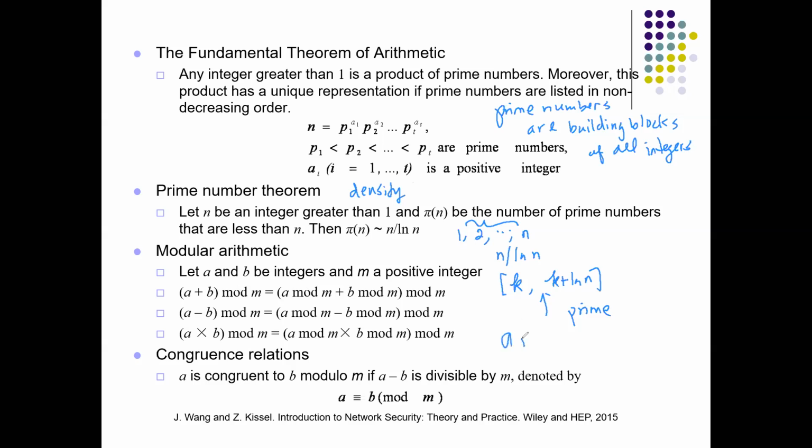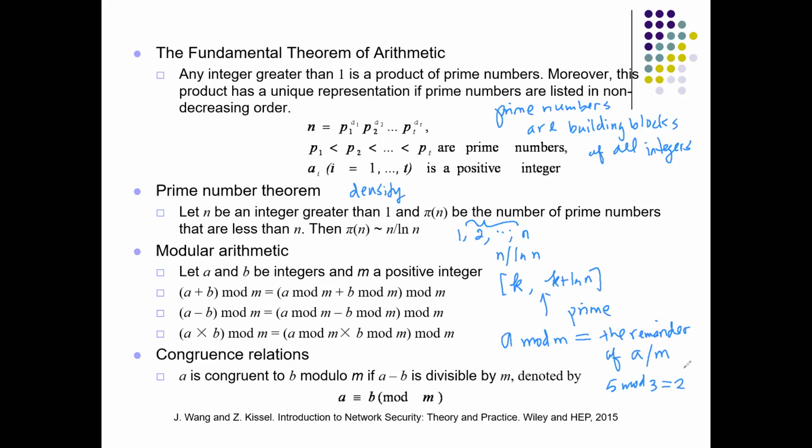So A mod M is equal to the remainder of A divided by M. For instance, if A is 5 and M is 3, the remainder of dividing 5 by 3 is 2. So that is the remainder.